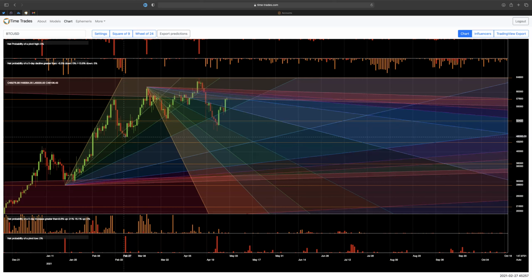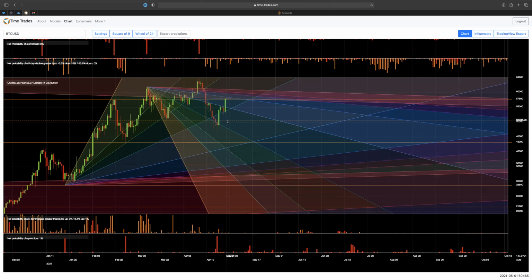Yeah. So you can even go a little bit more recent. Go to the end of April where you have that downward move that goes into the upward, and that's still your same support area. Yeah, exactly. And that also happens to be halfway between these two wheel of 24 lines here, right?